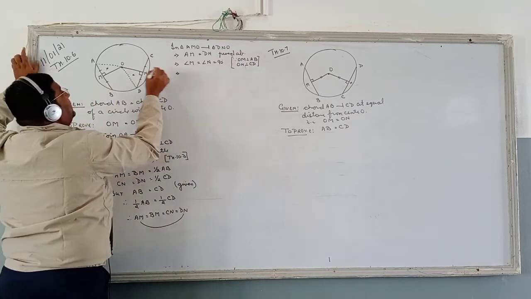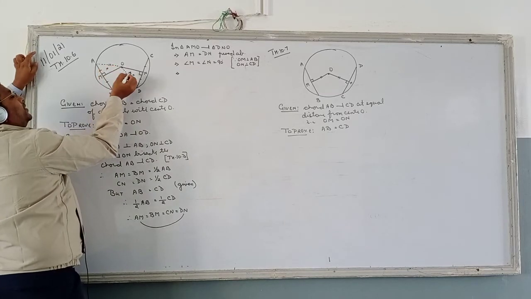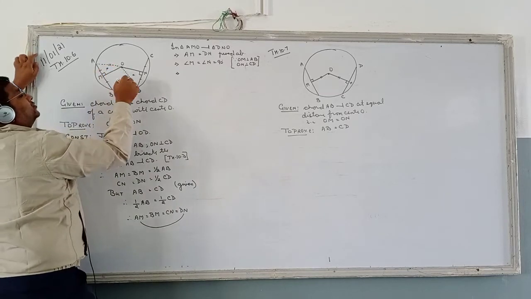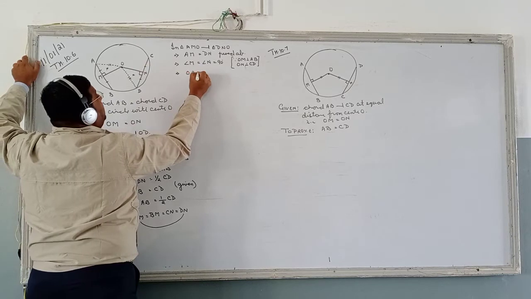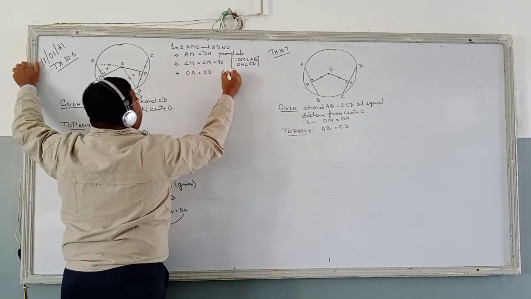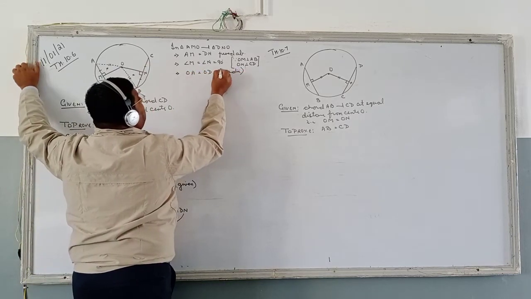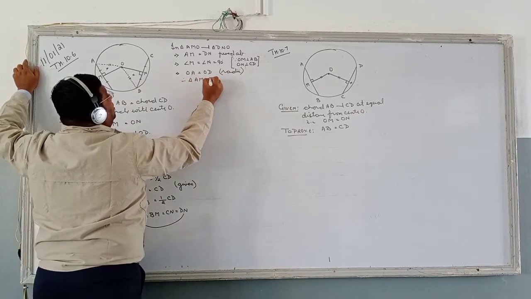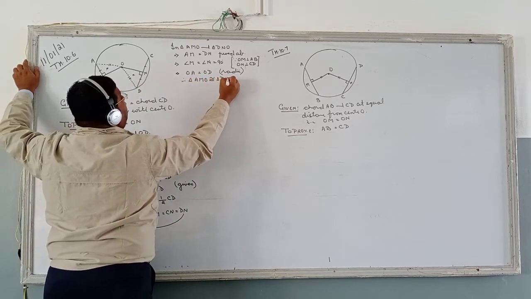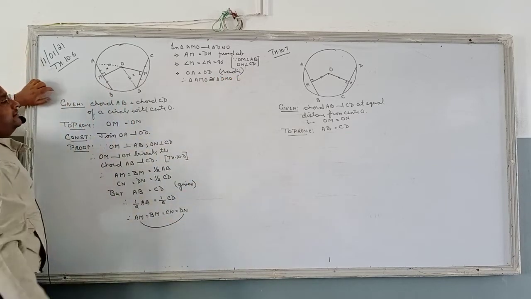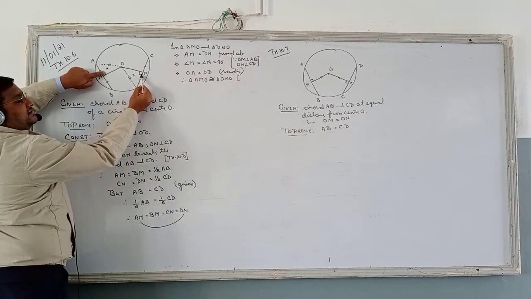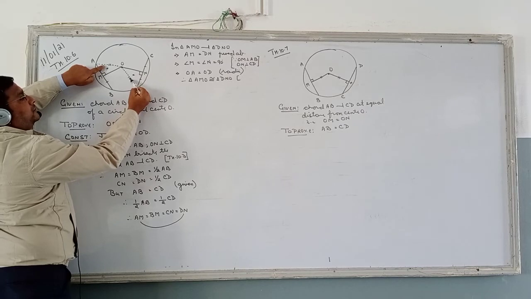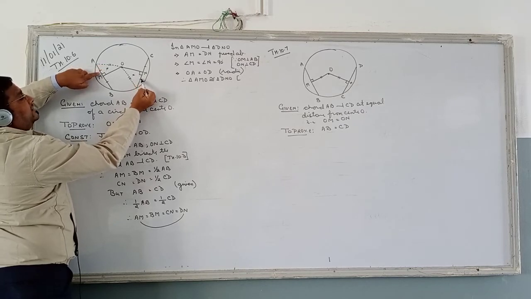Right? And lastly, is this side also equal? OA equals OD. Both of them are radii of the same circle. So therefore, triangle AMO is congruent to triangle DNO by what congruency? One angle is a right angle, the hypotenuse is equal, and one side is also equal.